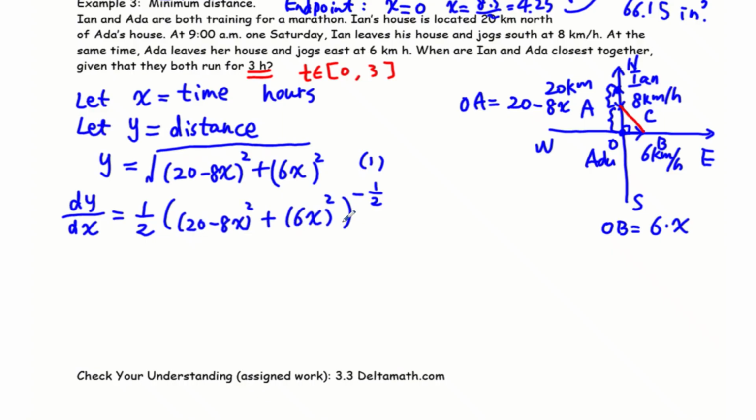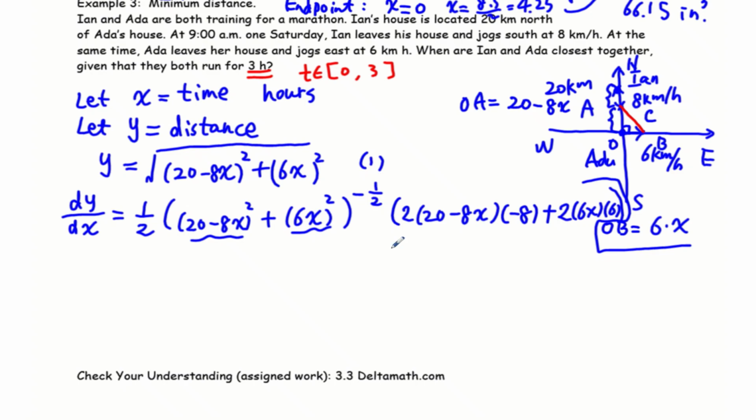Then after that, we have to do the derivative of the base. So this one is chain rule again. Bring the degree to the front, so 2 times (20 minus 8x), then the derivative of minus 8x is minus 8. Then plus the second term derivative, bring the degree to the front, 2, then times 6x. Then the 6x derivative is 6.